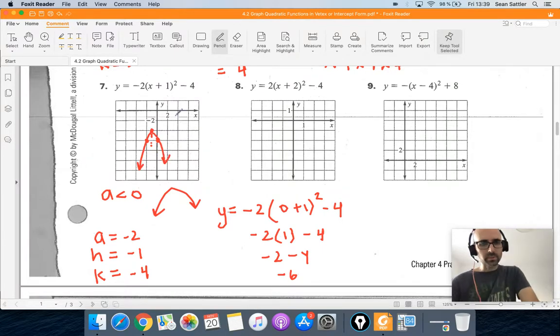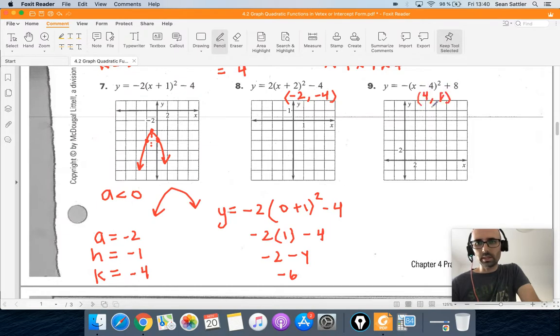We could graph that on Desmos just to check. I'm going to go through just to show you how to write the vertex of these. So the vertex of this one would be -2 because it's the opposite sign, and then -4, that would be the y-coordinate. This vertex would be +4 and +8.